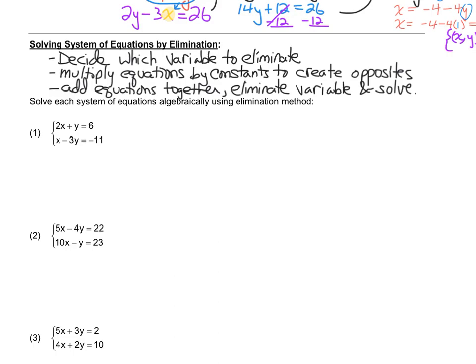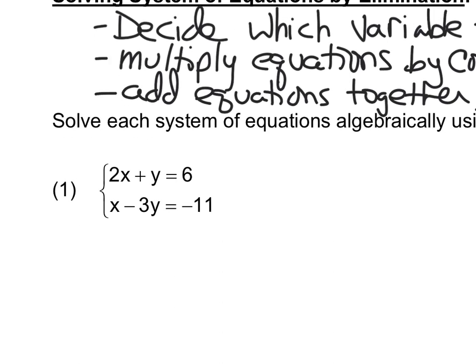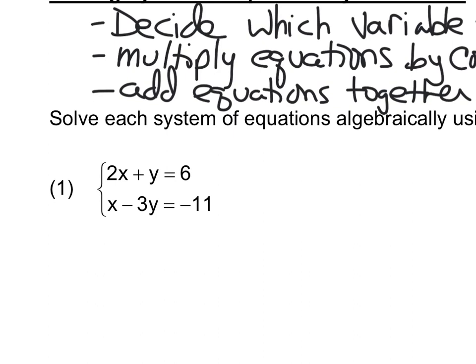So I'm going to say, let's get rid of y in number 1. If I'm going to do that, I need the coefficient of y in the first equation to be the opposite of the coefficient of y in the second equation.